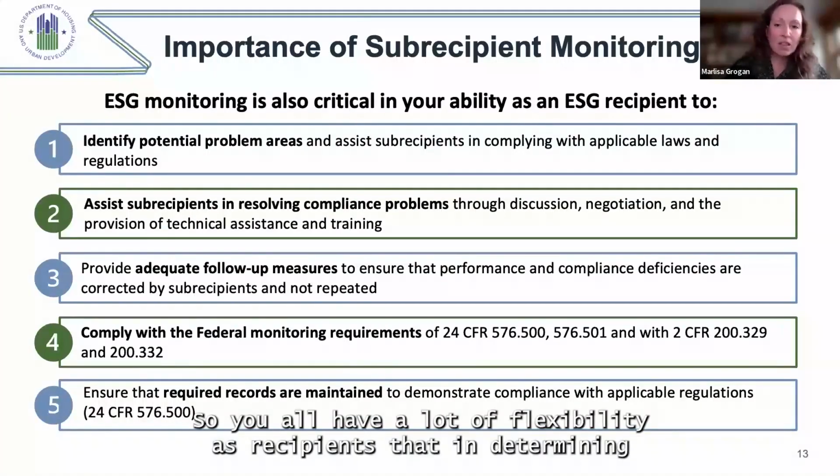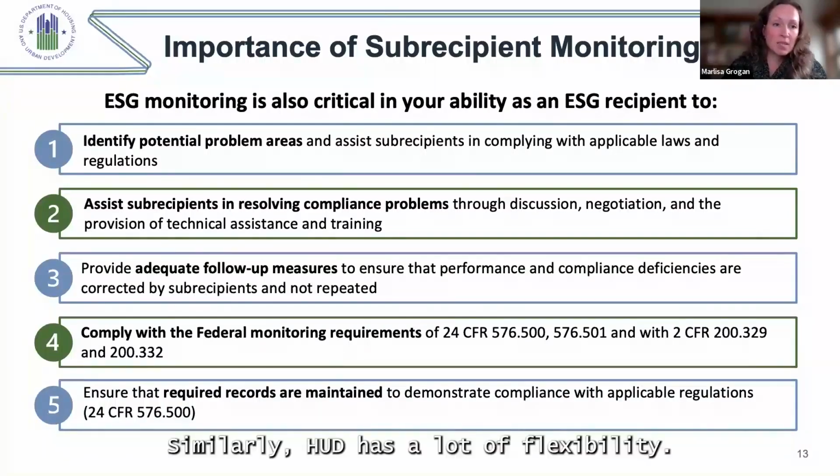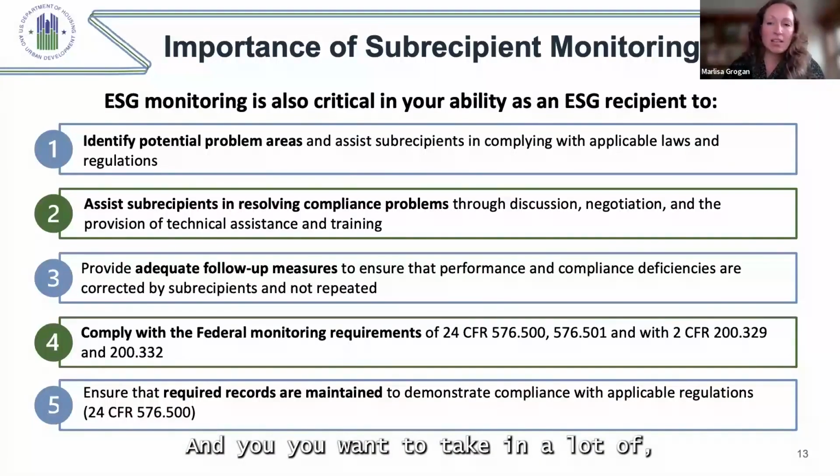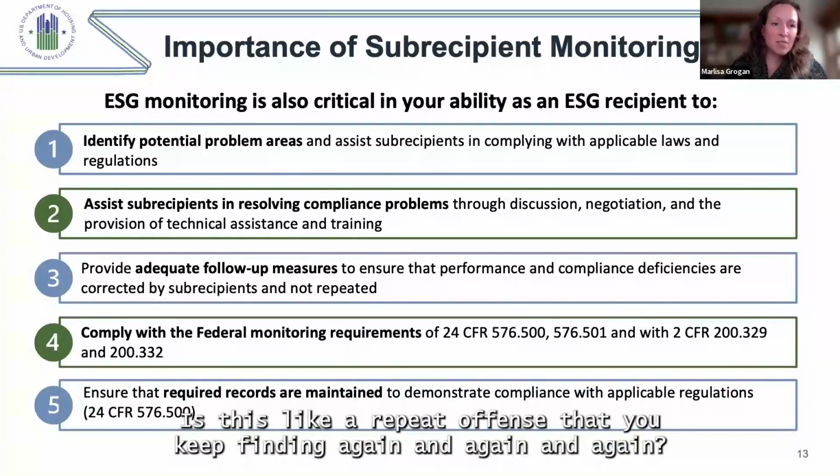So you all have a lot of flexibility as recipients in determining whether or not a repayment is required. Similarly, HUD has a lot of flexibility, and you want to take a lot of specifics into account when you're making that decision. Is this a repeat offense that you keep finding again and again and again?